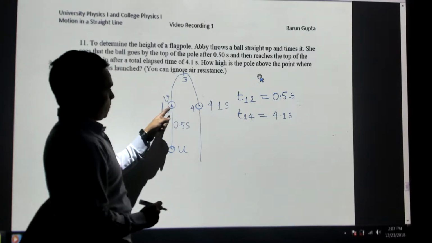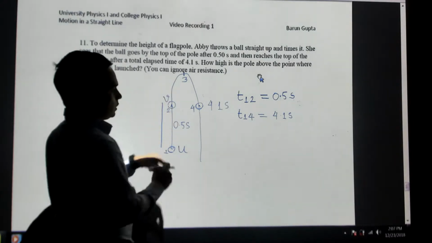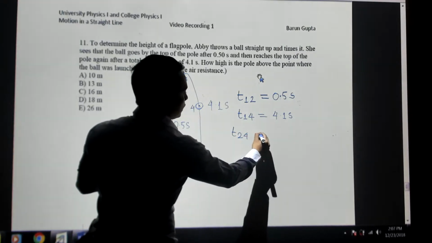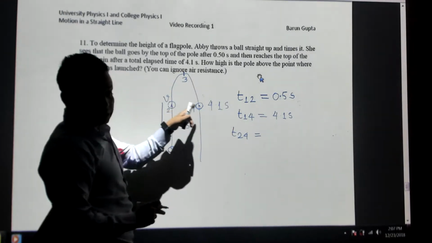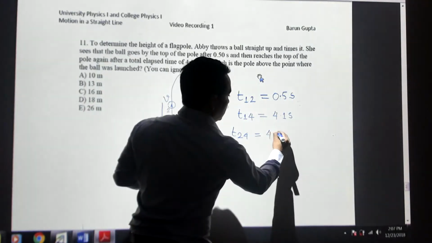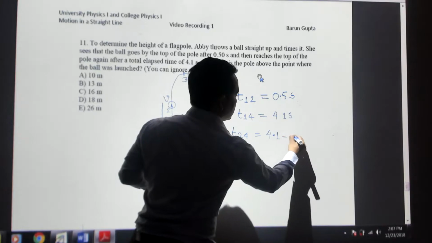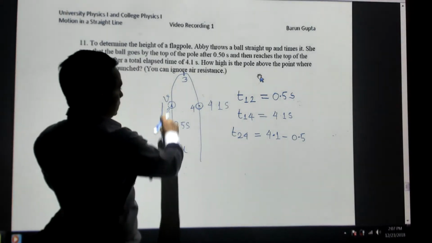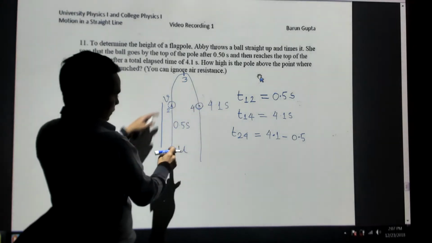Now we need to find the time to go from point 2 to point 4. So I'm doing 4.1 minus 0.5. You know this time and you know this time.